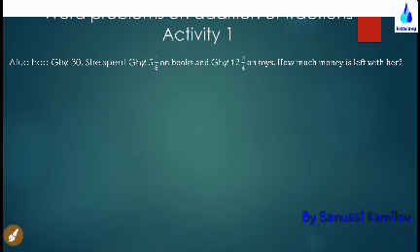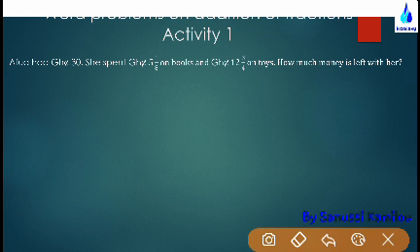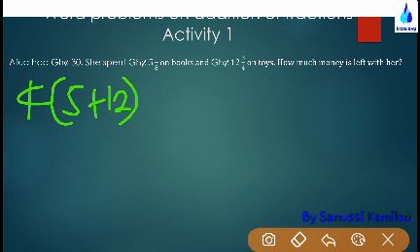So we have just said that we shall add the whole numbers, 5 plus 12, and then we also add the fractions.